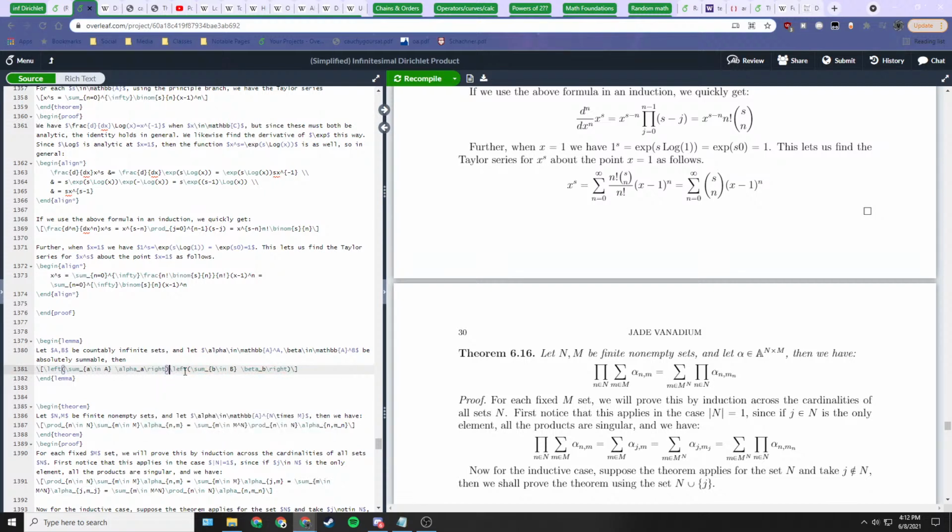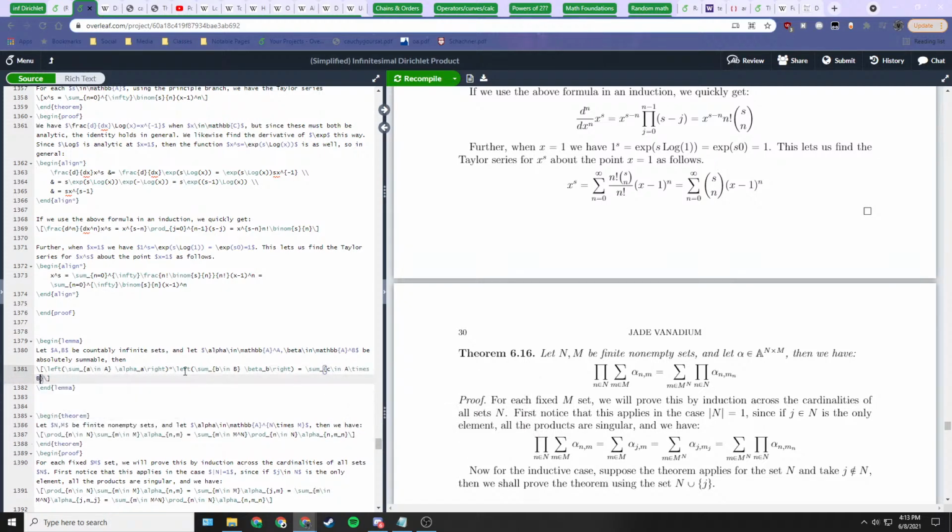Okay, multiply these. This will just be the summation across c in A times B of alpha sub c sub 1 times beta sub c sub 2.